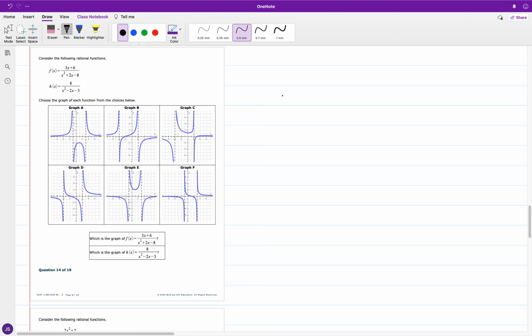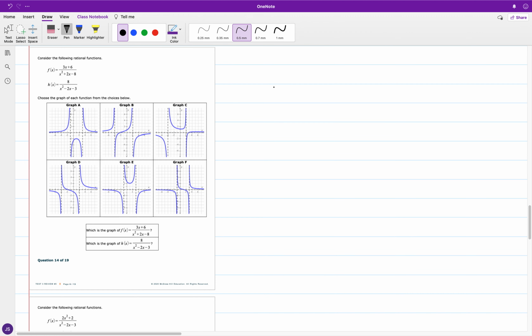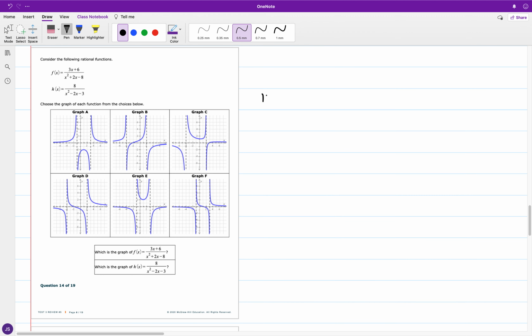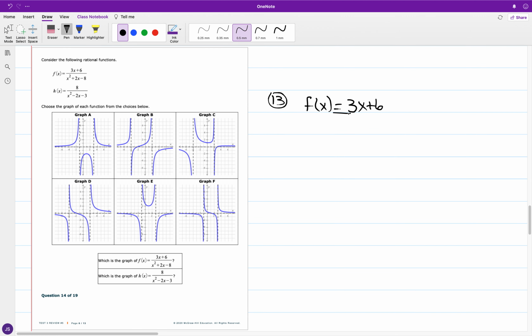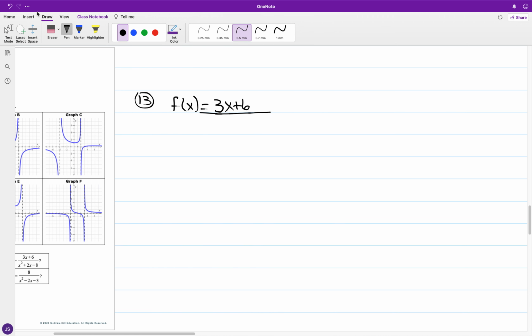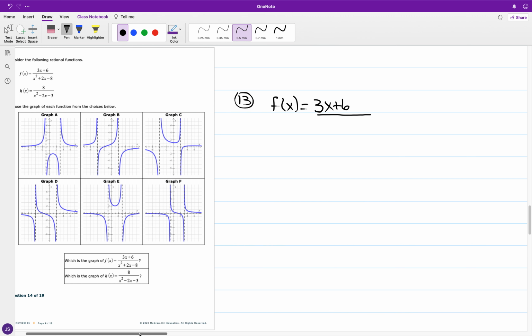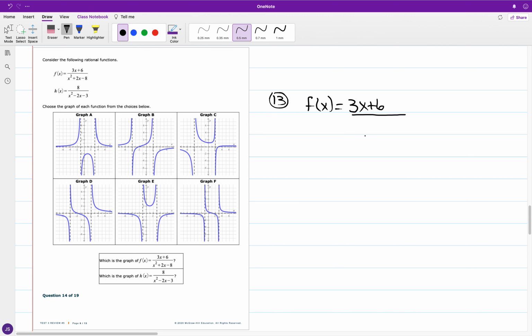Say I start out with f of x equal to 3x plus 6, all over x squared plus 2x minus 8.